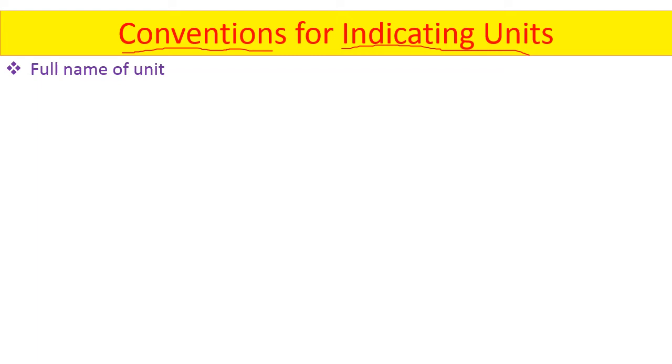If we write a unit with its full name, for example, a unit of force 5 Newton, we write first as 5 Newton, and we write the full name of the unit as 5 newton.